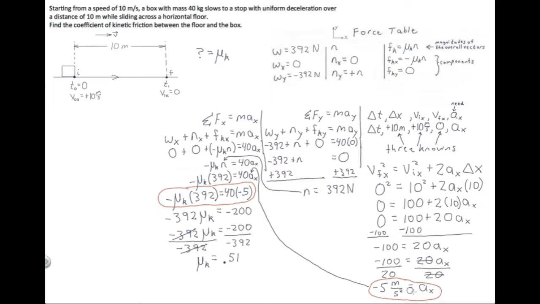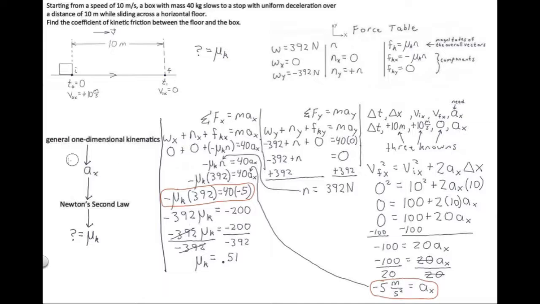Now we take the value that we've determined for a sub x and we substitute that value in for a sub x in our Newton's second law x equation. Remember that our plan was to use general one-dimensional kinematics to determine a sub x, and then to substitute our result for a sub x into the Newton's second law x equation. And now you can see that we've completed those steps of the plan. The last step of our plan is to use our Newton's second law framework to determine mu sub k.